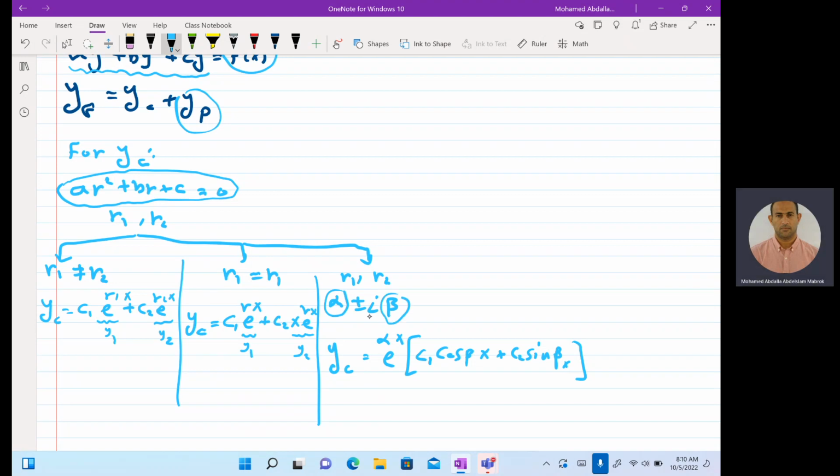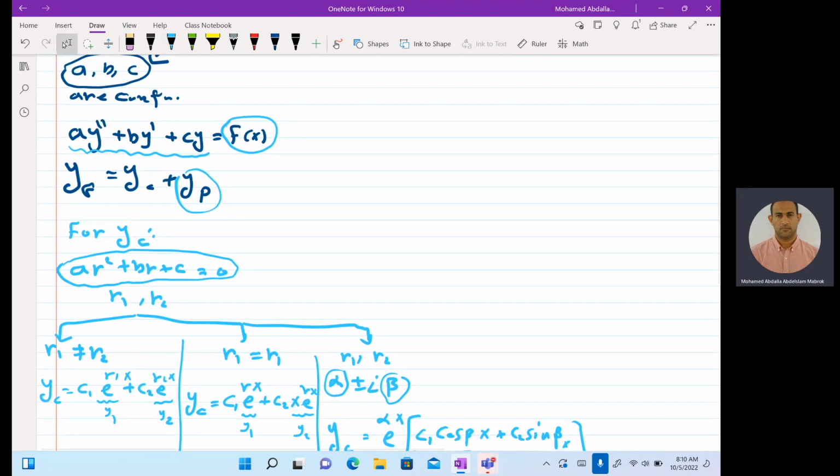This is beta, the number that is multiplied with i. We put the beta here, we put the alpha here. So this is the homogeneous part of the second order differential equation when it's constant coefficient. And I guess this part is easy now because it's very straightforward.